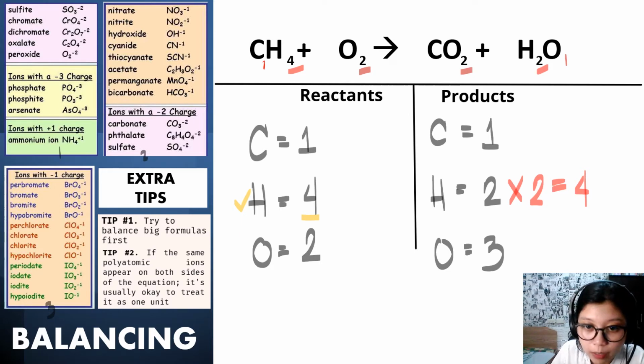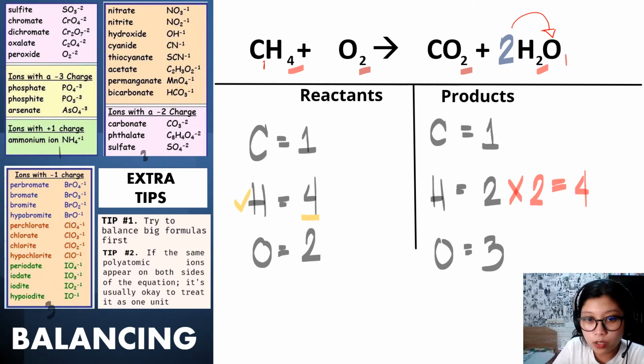After multiplying by 2, we will place the number 2, coefficient number 2, before the chemical formula H2O. But remember, H2O is a chemical compound, which means not only is hydrogen affected, but also oxygen.